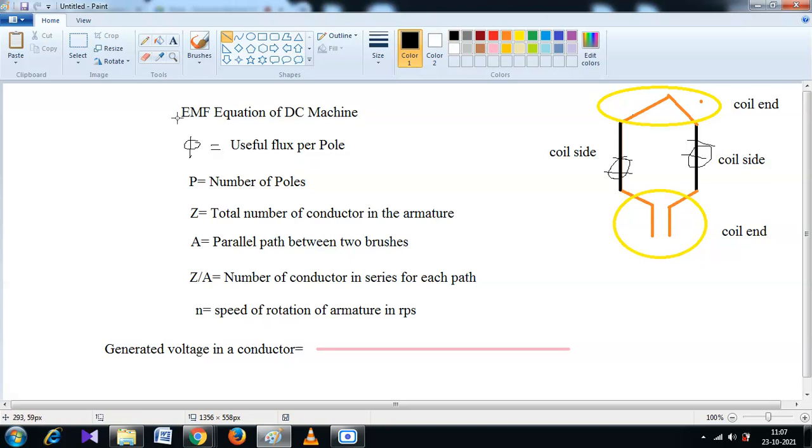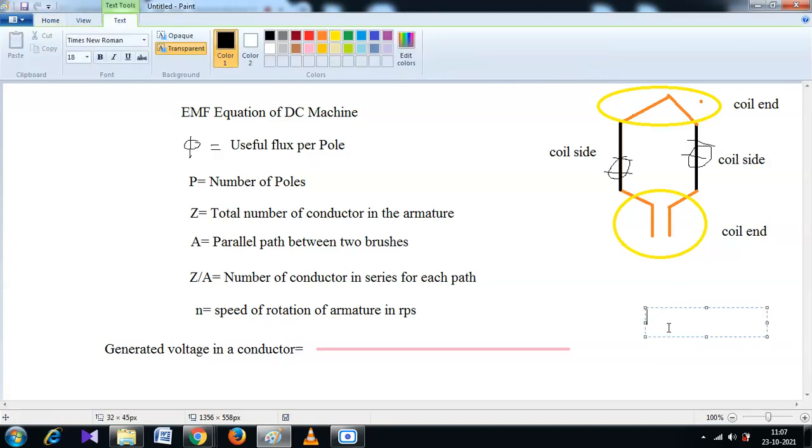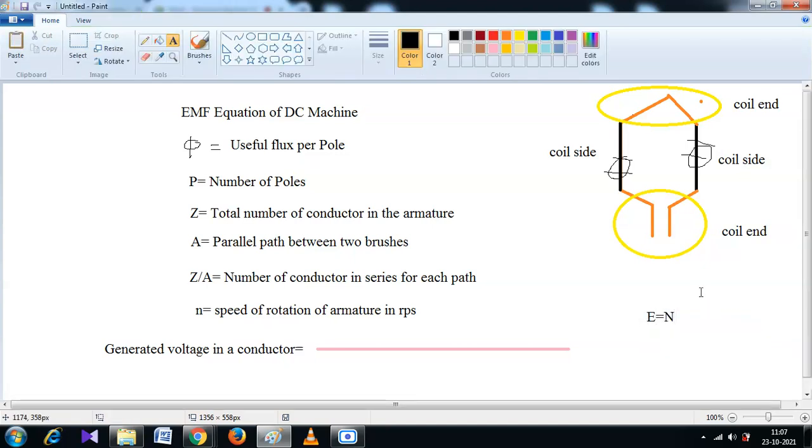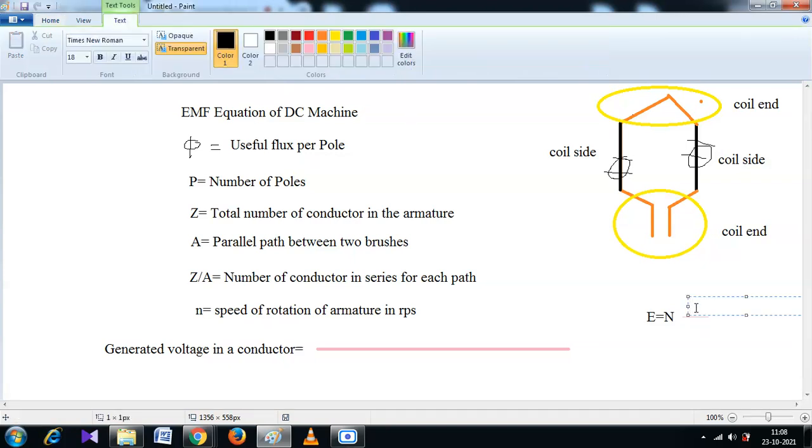Okay, I write here E is equal to N d phi dt.